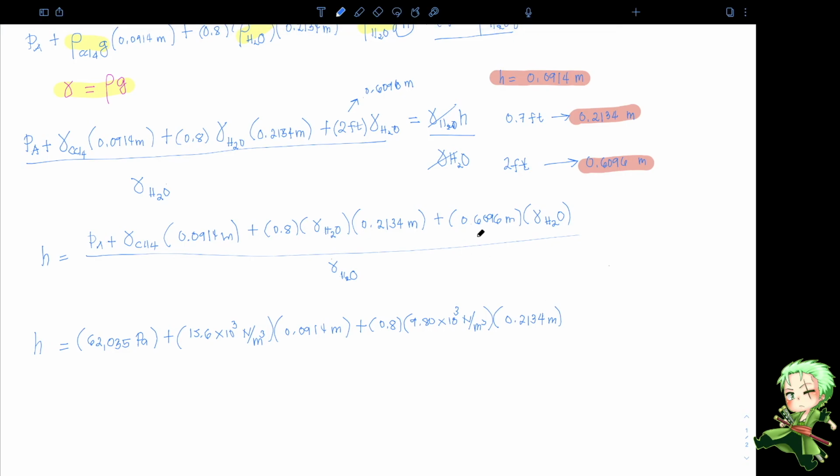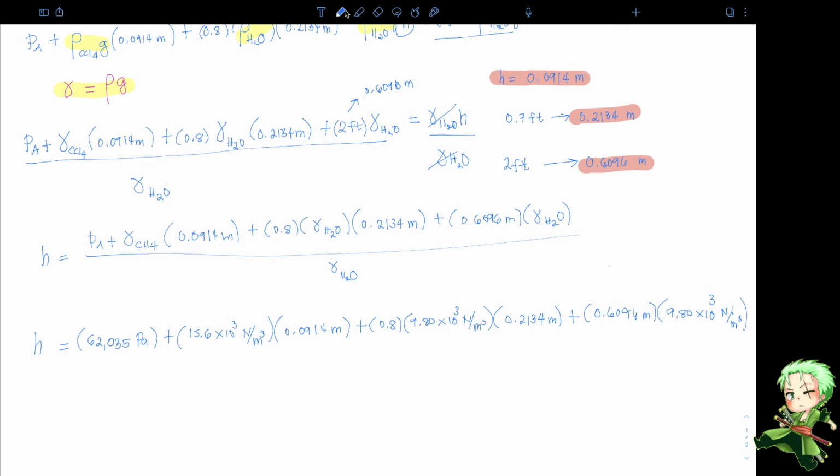So we need to continue with the last term of the equation. So you multiply 0.6096 meters with the specific weight of water. We have already referred to that. That is 9.80 times 10 to the 3 newtons per cubic meter.